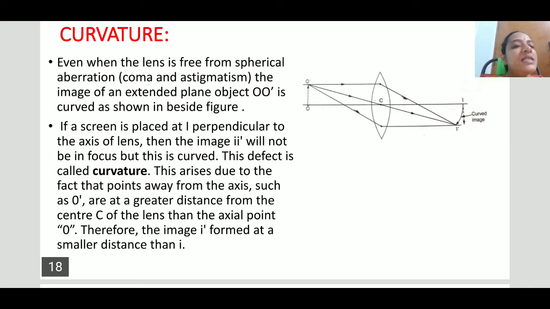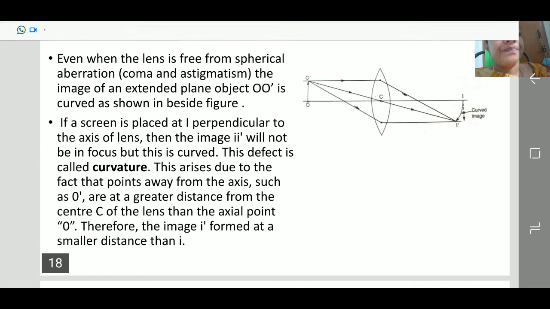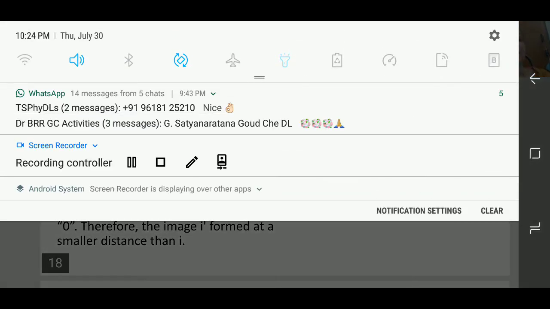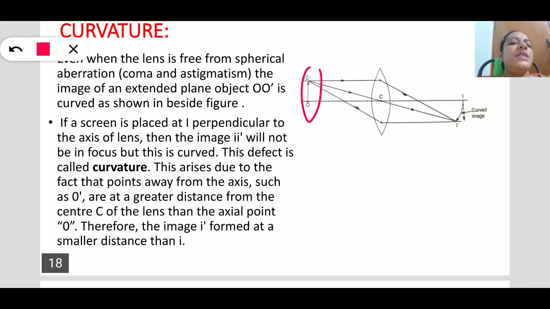Even when the lens is free from spherical aberration, the image of an extended plane object, suppose this is the object O O dash, the image I I dash forms in a curved shape like this.